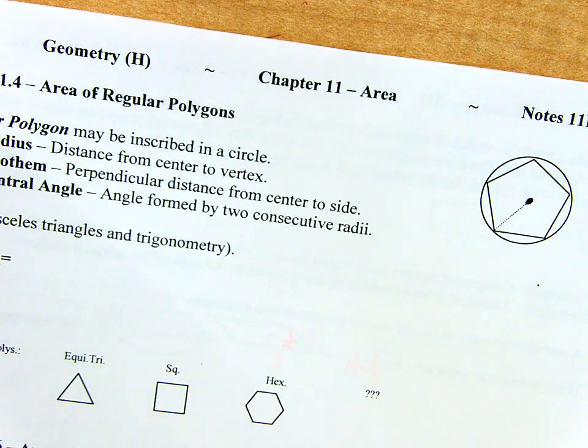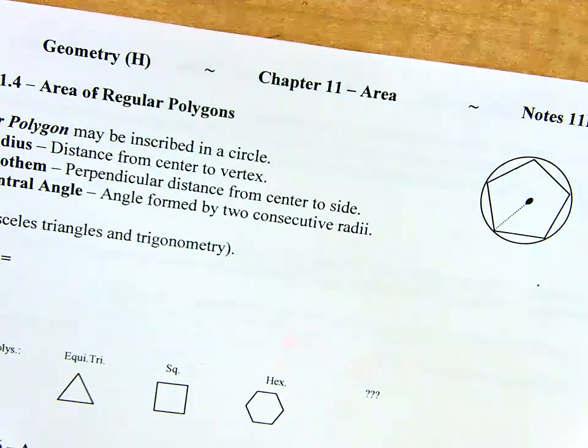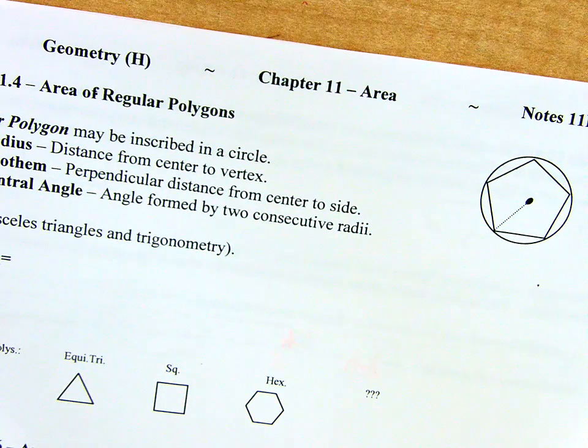What's regular mean? All sides are the same. And angles, yes, all sides and all angles. So it's an equilateral, equiangular polygon. So yes, your equilateral triangle is one, your square is one, and then you have one for every other shape.